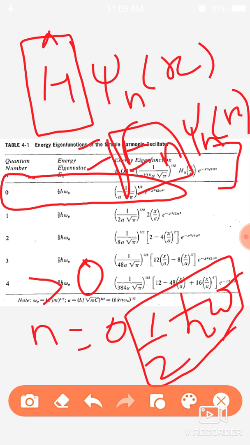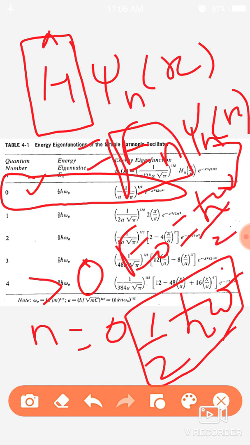Corresponding to this ground state, we can see that the energy of the harmonic oscillator E0 equals h cross omega upon 2.